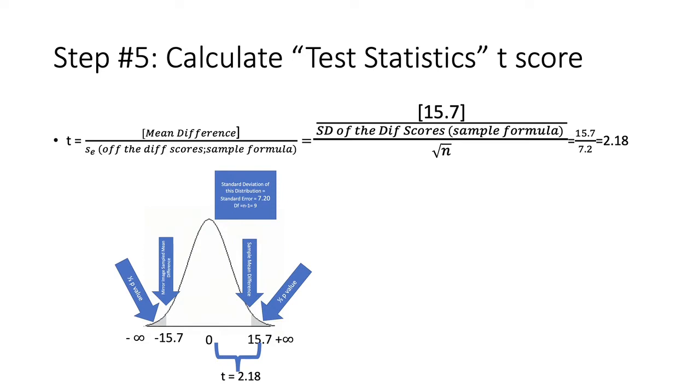So in this case, our sampled mean difference of 15.7 is 2.18 standard deviations greater than the predicted mean difference of 0, which is predicted from the null being true. So our mean difference, our signal, is 2.18 standard deviations larger than the expected signal if the null were true. That's it.